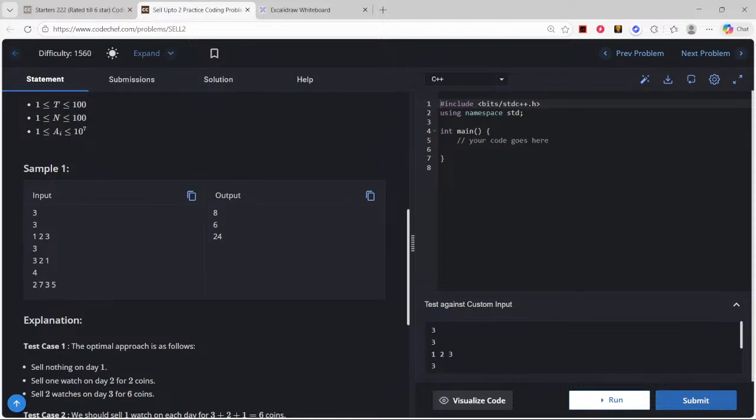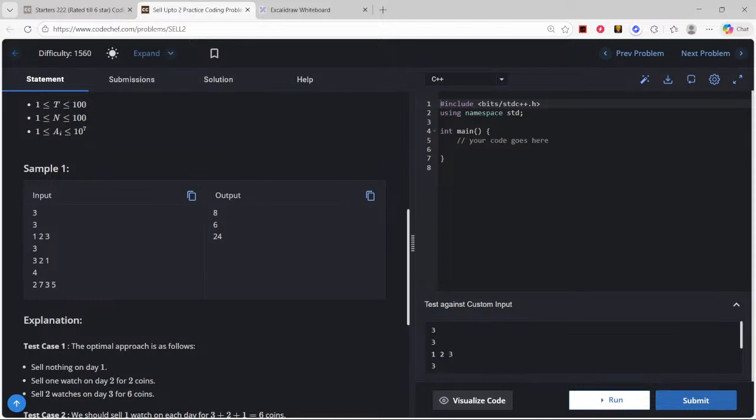So basically this means that we represent the number of coins we will get if on the I plus one day I have W plus one watches.